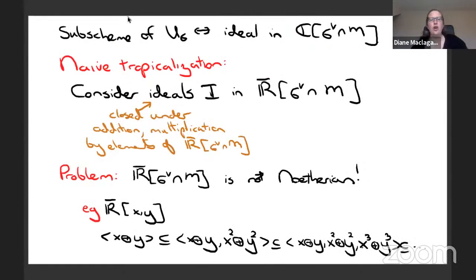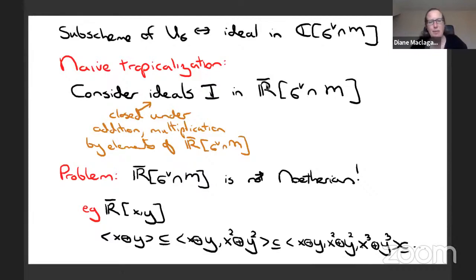Okay, so if I were to tropicalize this, a naive thing to expect would be that I could just consider ideals in this tropical semi-ring. So in the tropical coordinate ring, R bar adjoin sigma dual intersect M. So this was just the usual coordinate ring of my affine toric variety with my field replaced by R bar.